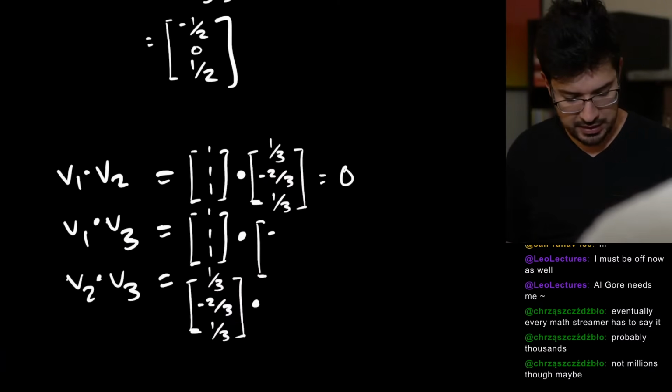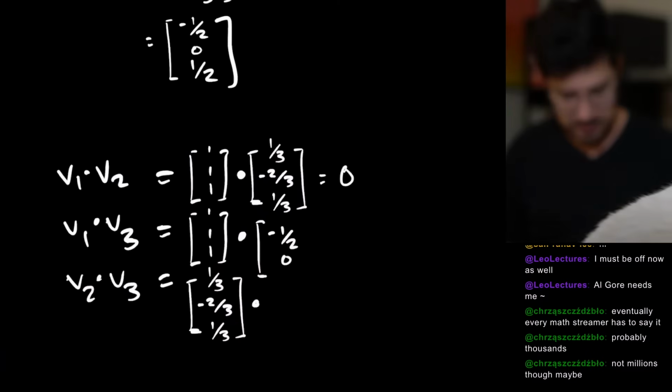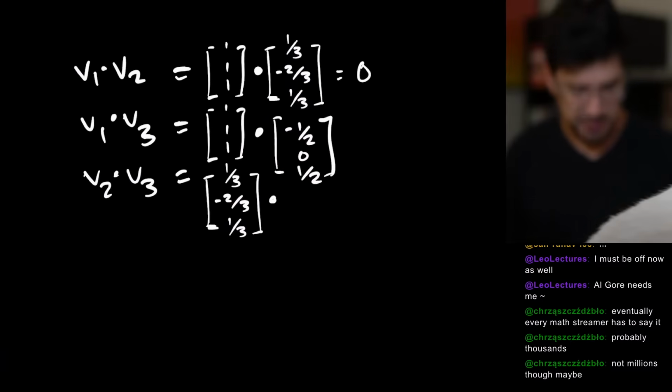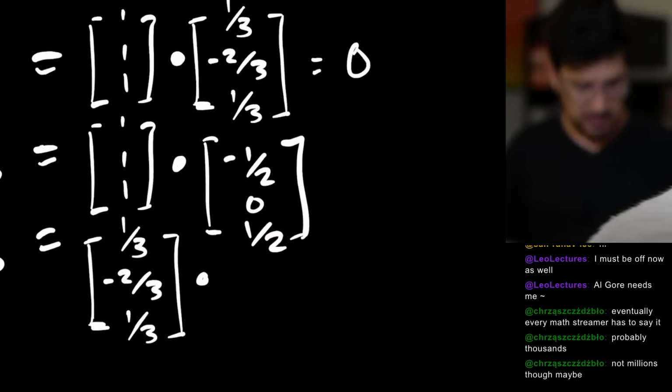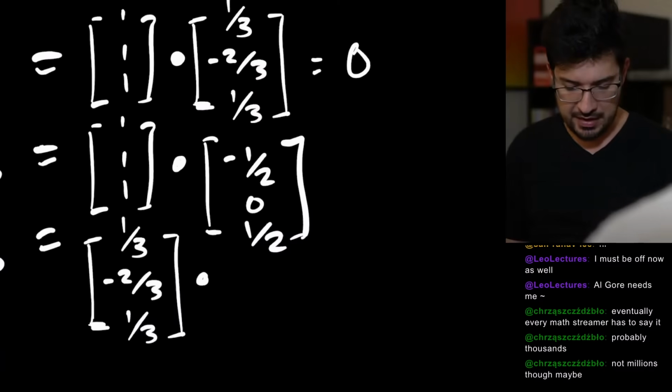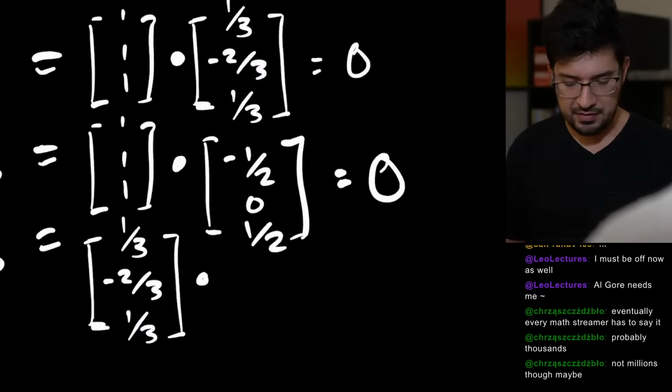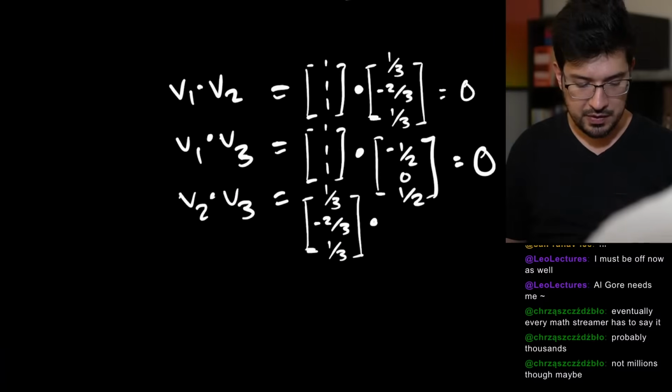It's negative 1/2, 0, 1/2. Everything's kind of mashing together right now. But 1, 1, 1 dot negative 1/2, 0, 1/2 is negative 1/2 plus 0 plus 1/2. That is 0. So those are orthogonal.